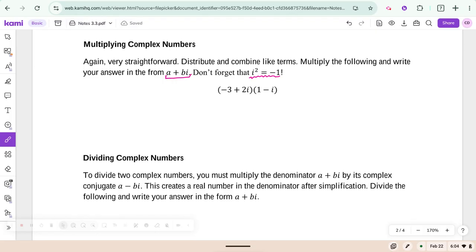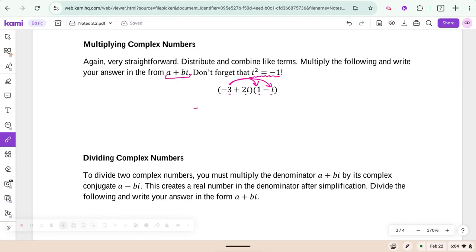So when I have two binomials such as these representing complex numbers, I'm going to make sure that each one of these numbers multiplies with each one of these numbers. So I'm going to do negative 3 times 1 and negative 3 times minus i.